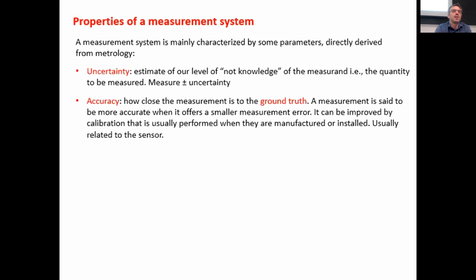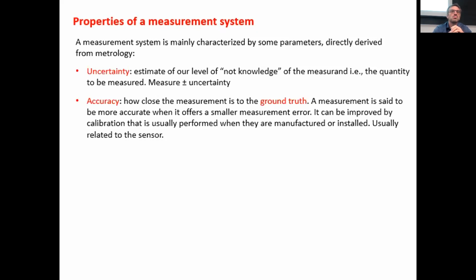Then the accuracy tells us how close the measurement is to the ground truth. Let's say you have a steel bar 1 meter long that you want to measure. Your measure, of course, is not telling you exactly 1 meter unless it's perfectly accurate.